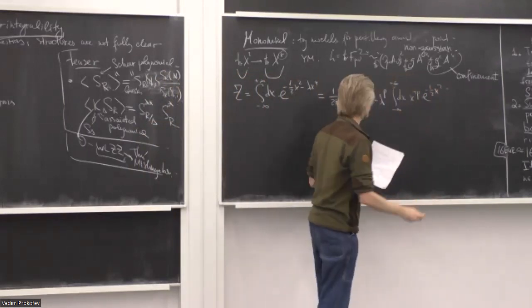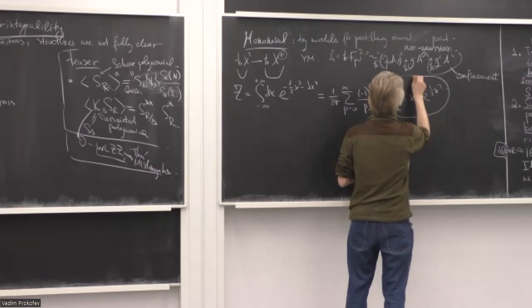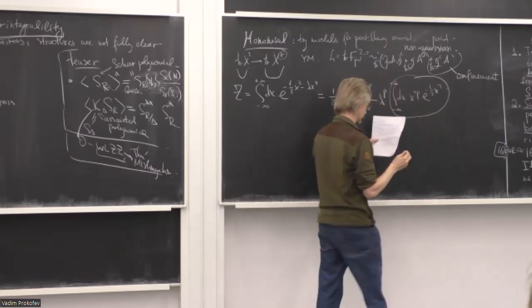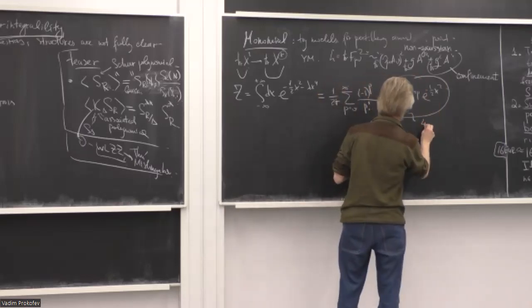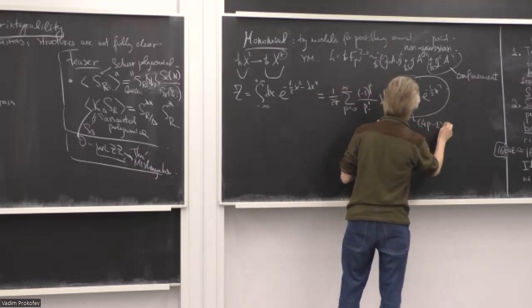And this is just the usual Gaussian integral, and it is equal to 4p minus 1 double factorial.